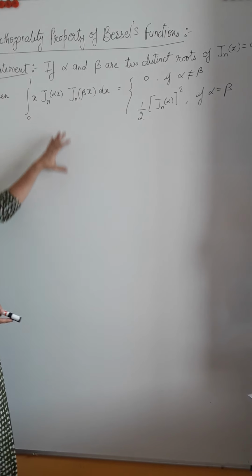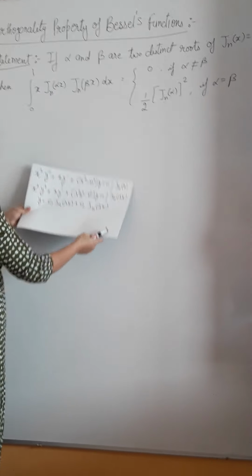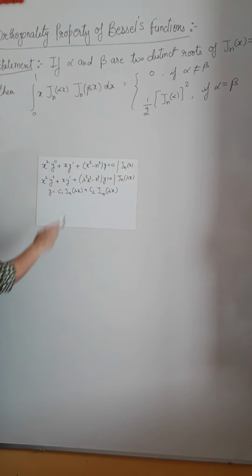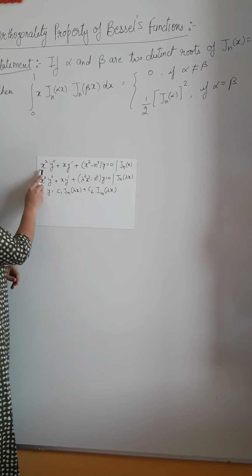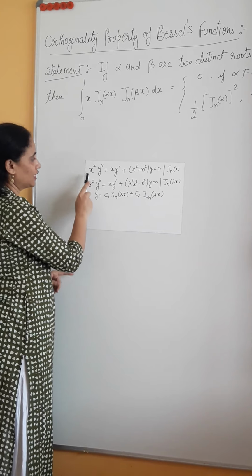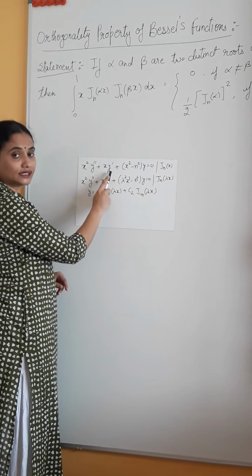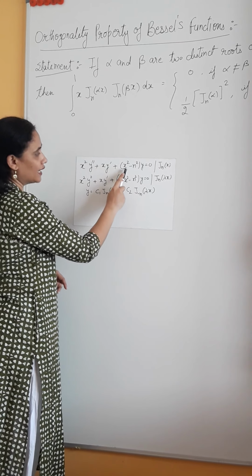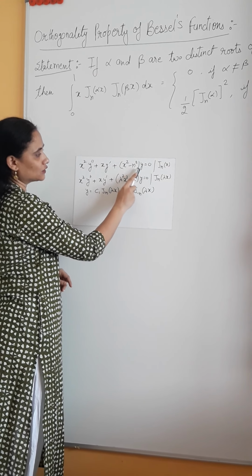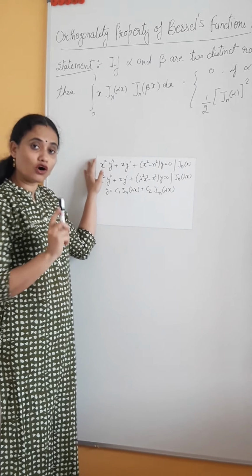So before starting this, let's recall what Bessel's equation is. Bessel's equation is x square d2y by dx square plus x dy by dx plus (x square minus n square) y equal to 0. Here I have written in a different notation. This is Bessel's equation of order n.